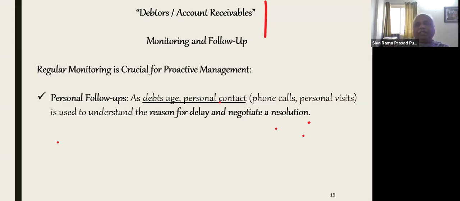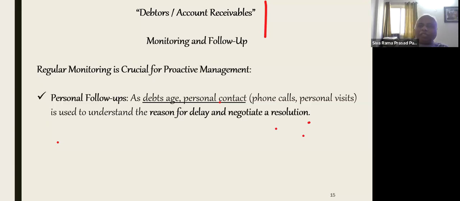whoever is there, has to interact with the finance department. How many debtors are there? How many account receivables are there? What follow-up are you doing? And age-wise classification: 1 to 30 days, how many? 31 to 60 days, how many? Above 60 and up to 90 days, how many?